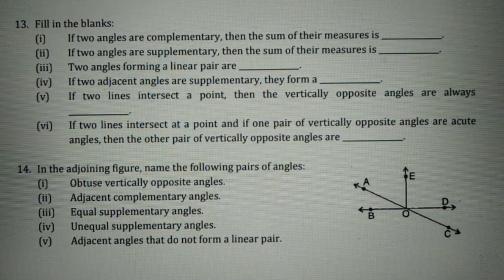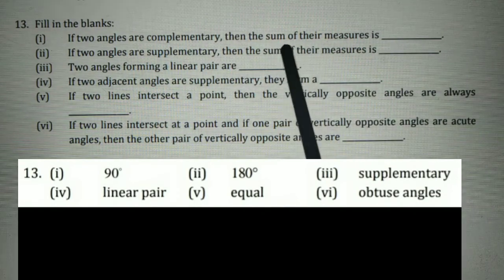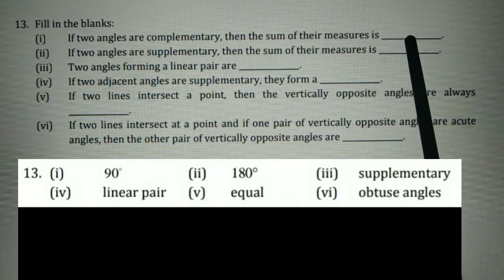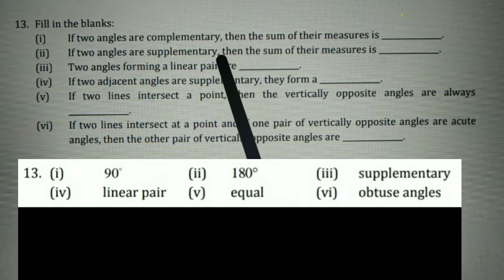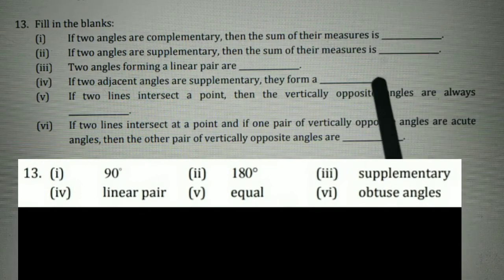Now the next question is filling the blanks, in which the first question is, if two angles are complementary, the sum of their measure is, you know very well about the properties, 90 degree. If two angles are supplementary, the sum of their measure is 180 degree.